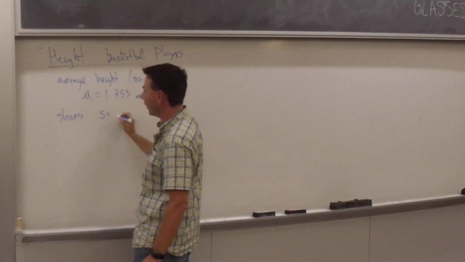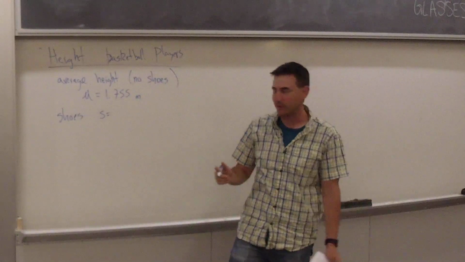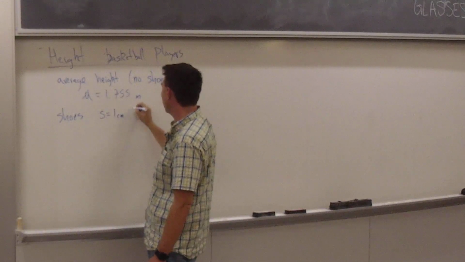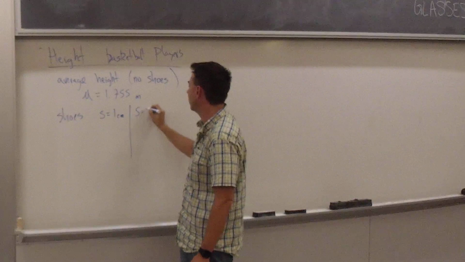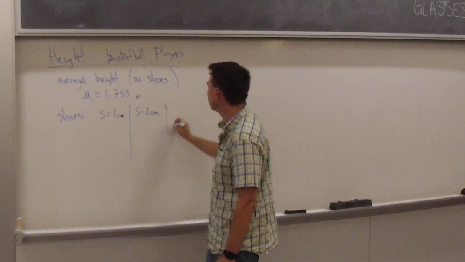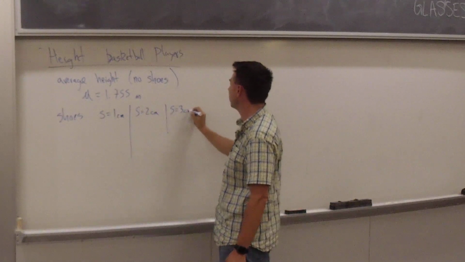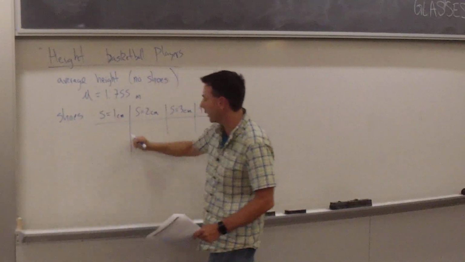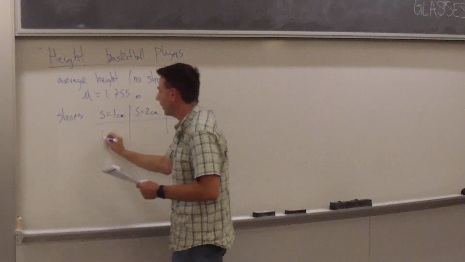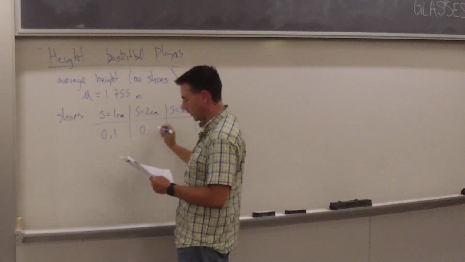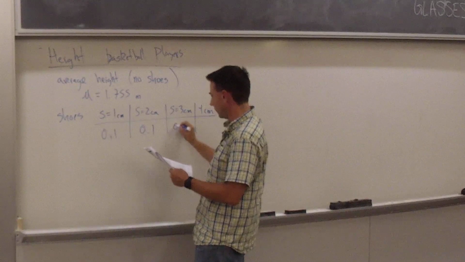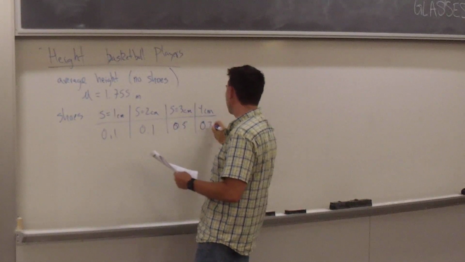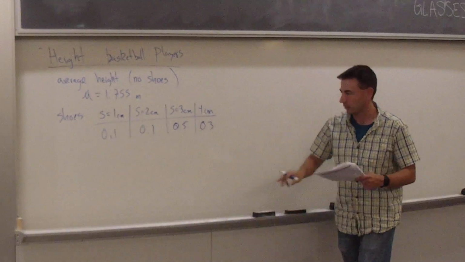This is going to be a discrete random variable, since there are different models of shoes: 1 centimeter, 2 centimeters, 3 centimeters, and 4 centimeters. I can write this as a probability table: 10%, 10%, 50%, and 30%.